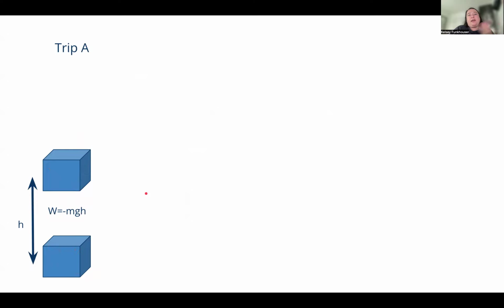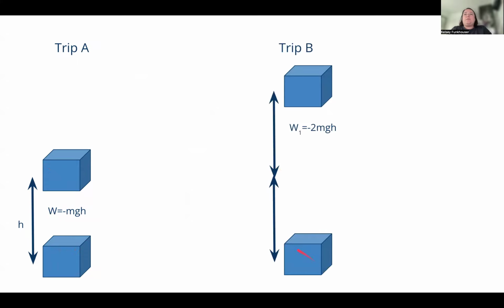Now we can look at a different path. What if instead of going straight to the first floor, we go up to the second floor and then down to the first floor? What does that do for the work done? Going from the basement to the second floor is just twice the height, so we end up with negative 2mgh. And then we go from the second floor down to the first floor.